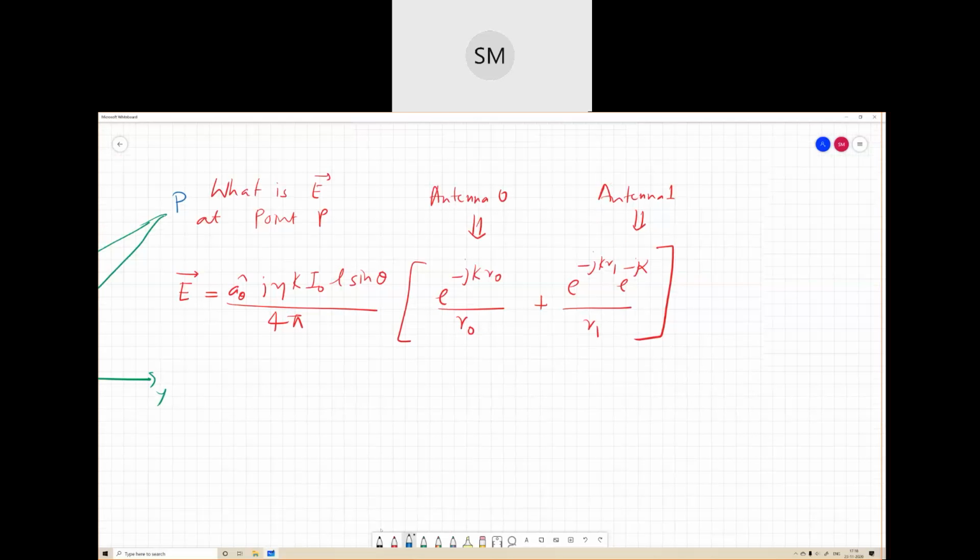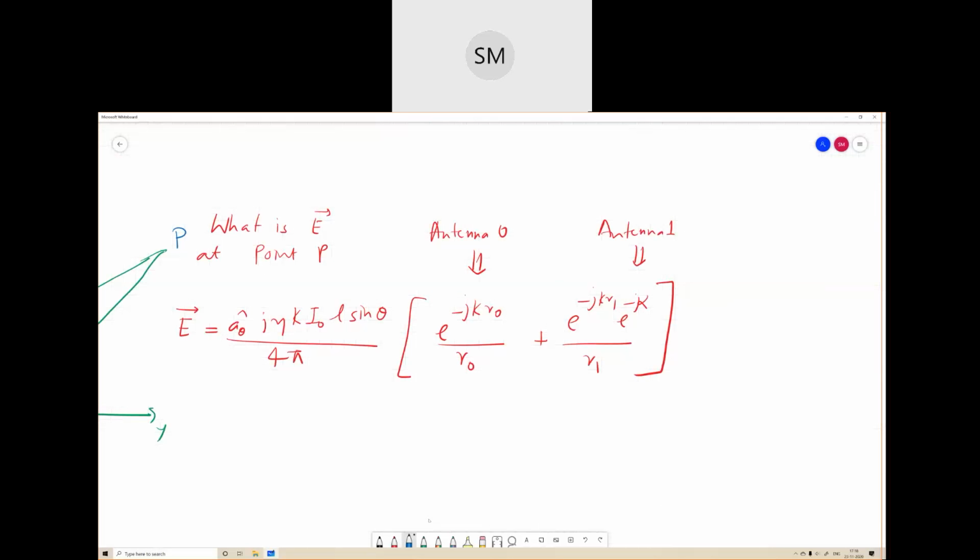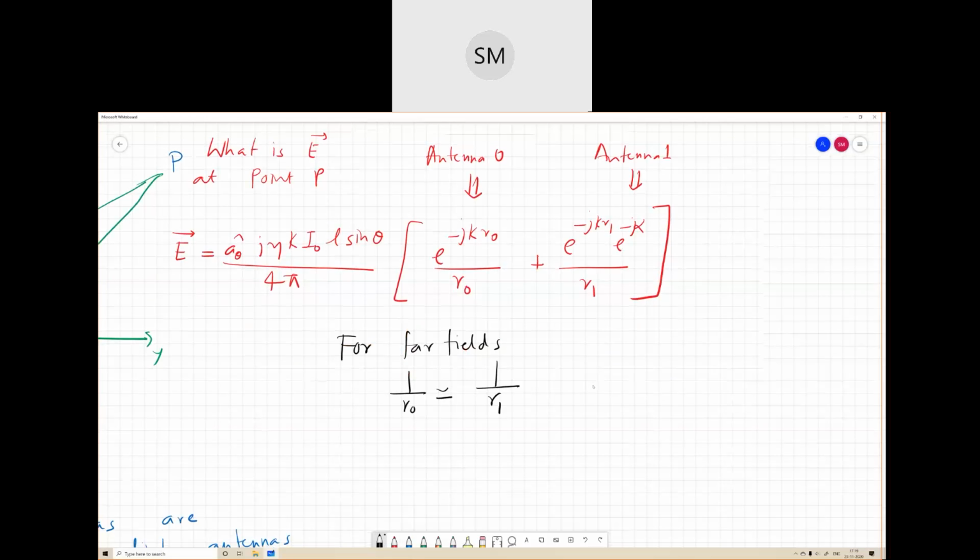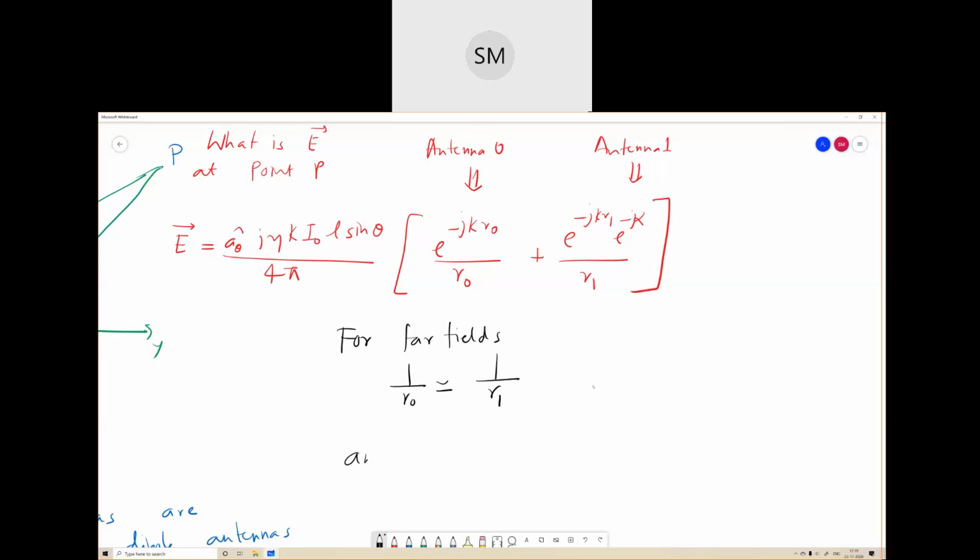Now we will use, for far fields, 1 by r0 is almost the same as 1 by r1, and e to the power of minus jk r1 is very similar to e to the power of minus jk r0 plus d cos phi.